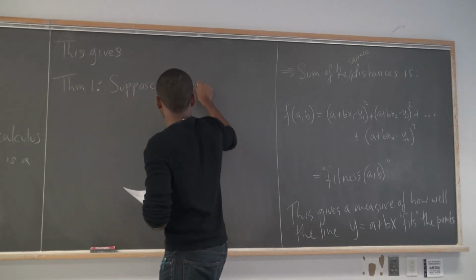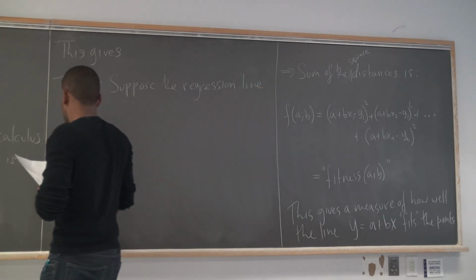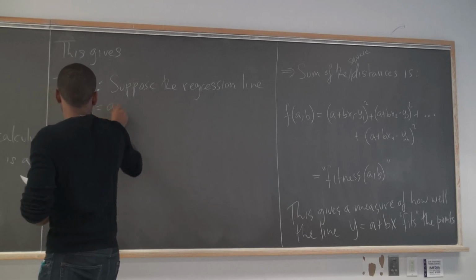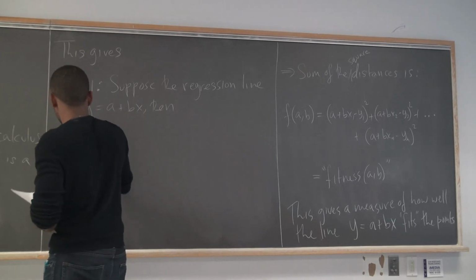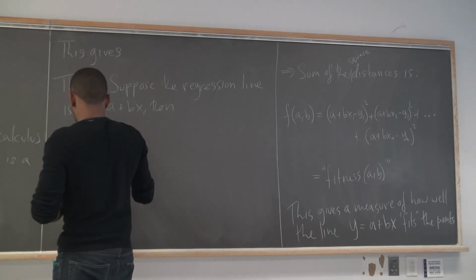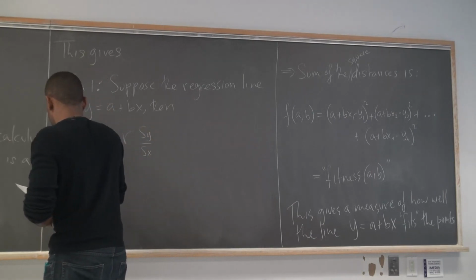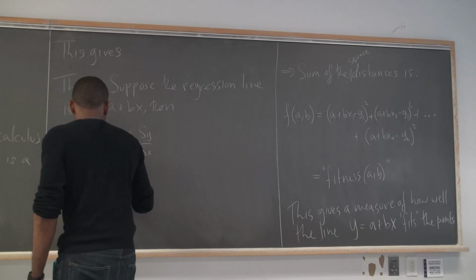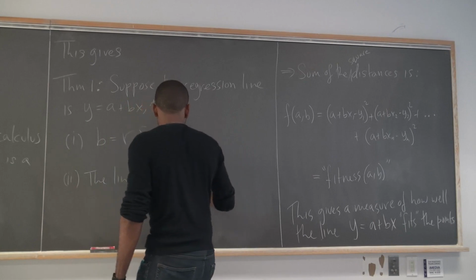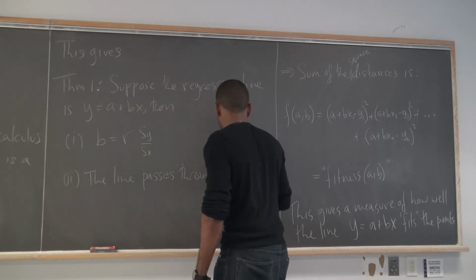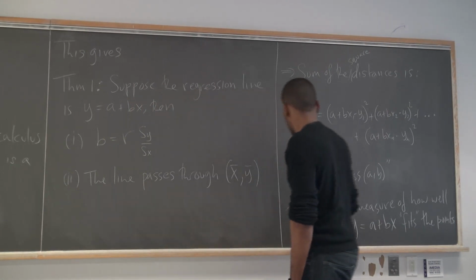Suppose the regression line is y equals a plus bx, then one, b is going to be r sy over sx, and two, the line passes through the point x bar, y bar.